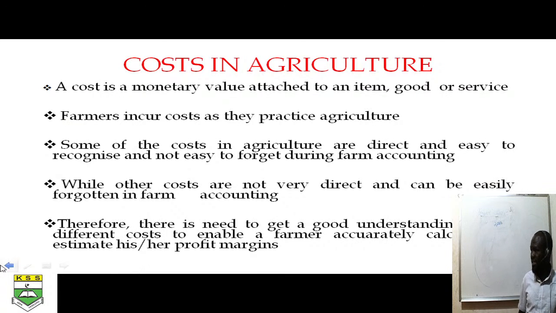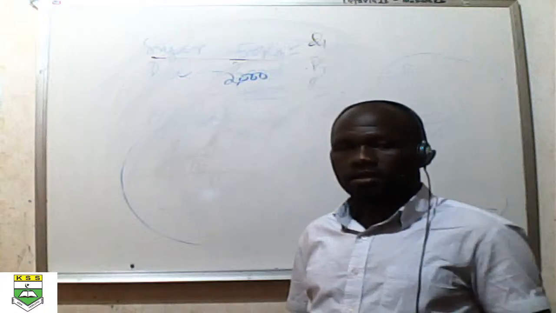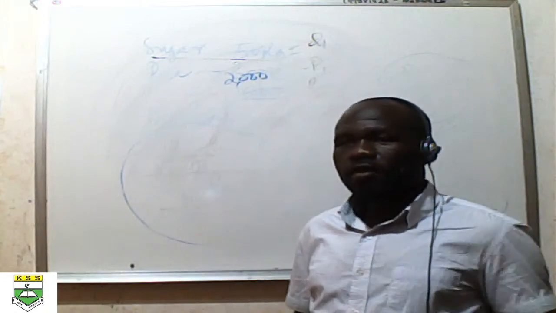Now, you realize as farmers carry out farming, there are costs that they incur. There's no way you can carry out farming and you don't spend. Remember when you're introducing agriculture economics, we said that for production to take place, 4 factors are key, what we call factors of production.